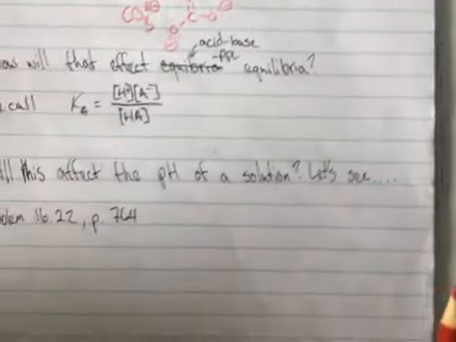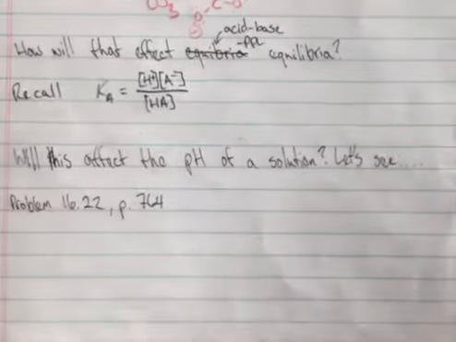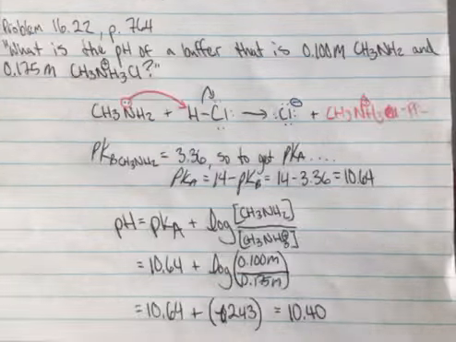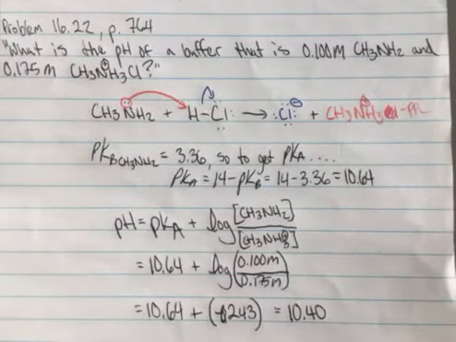Okay, so now we're looking at the next chapter, so problem 16.22 on page 764. Why don't you take a couple of minutes to see if you can come up with what that question asks. Okay, and we're back.